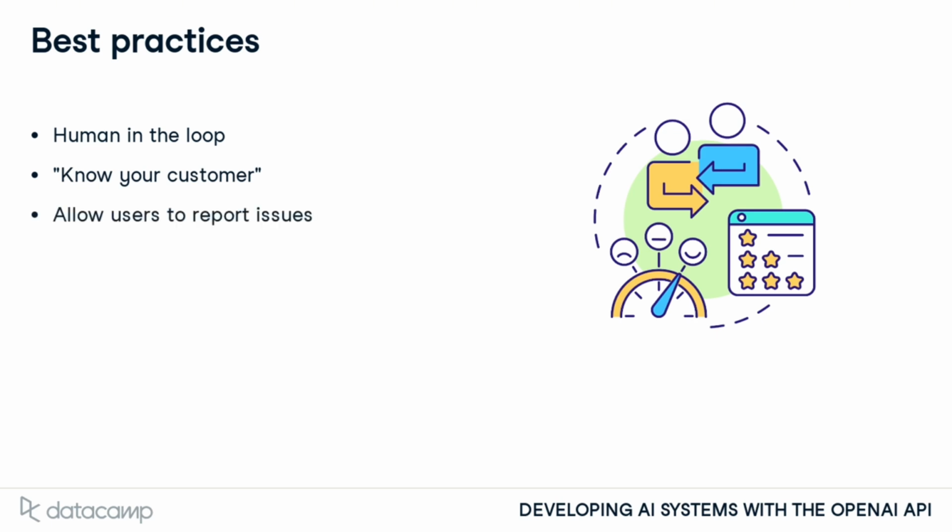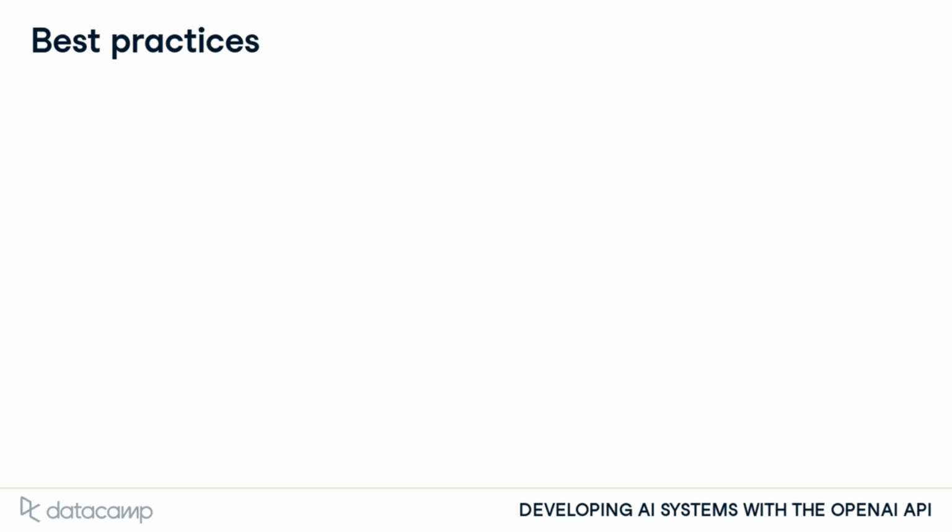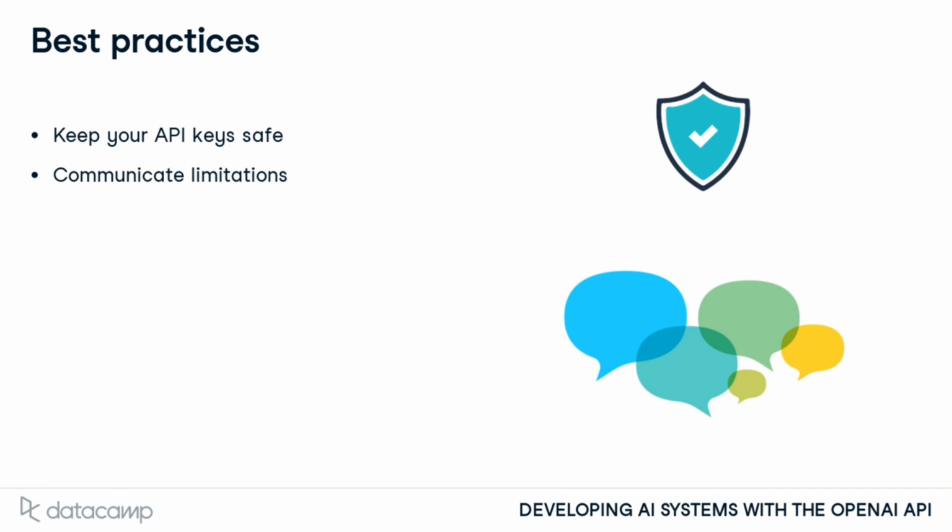Providing users with a clear method for reporting issues with the application is a way to have additional oversight. For the security of our data and our system, it is also important to keep our API key, that we have used throughout the course, in a safe and private environment. Finally, it is important to recognize that all language models have limitations, and to communicate this to our user base to manage expectations.